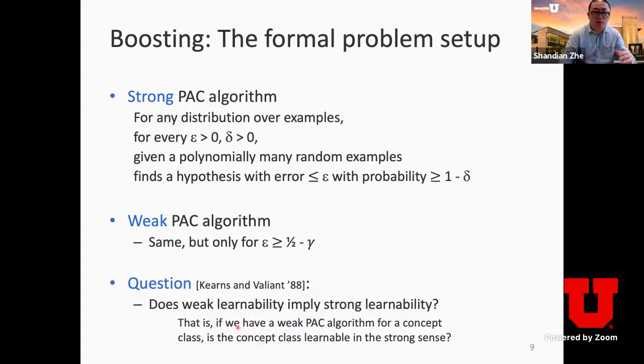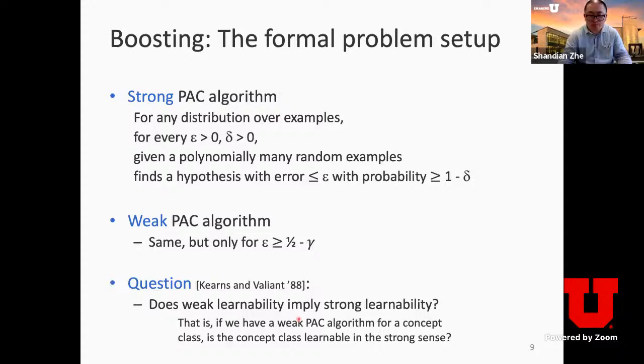Meaning that if we have a weak PAC algorithm for a concept class, a type of target functions, is this concept class also learnable in a strong sense? That is, is there some strong PAC algorithm which can learn every target function in the concept class very well with strong guarantees?